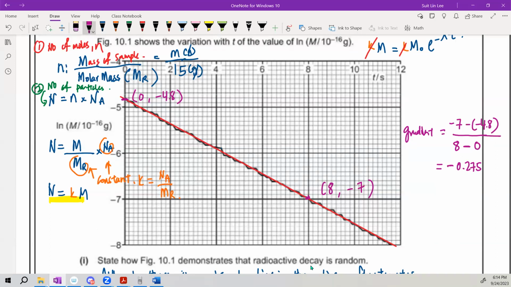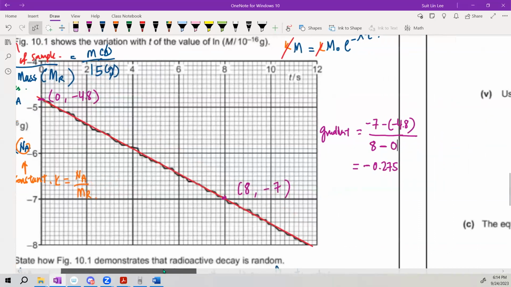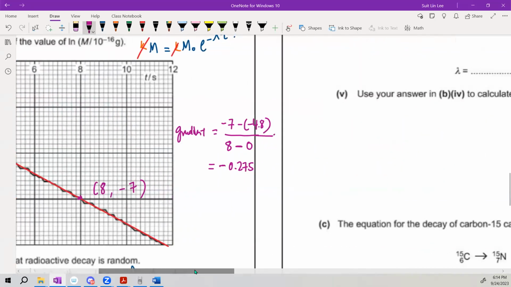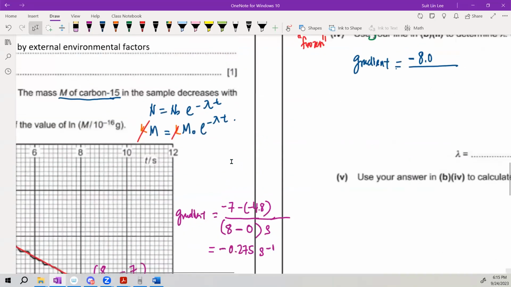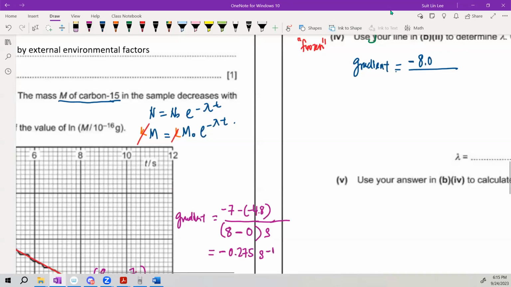If you want to include the unit, ln m has no unit. So up here is unitless. And down here, the unit is second. That's why it's second minus 1. I would include more SF in my writing. So hang on.